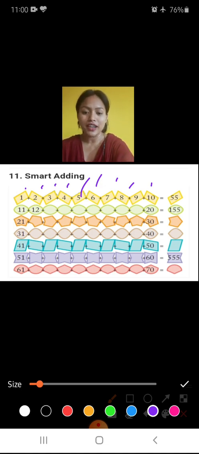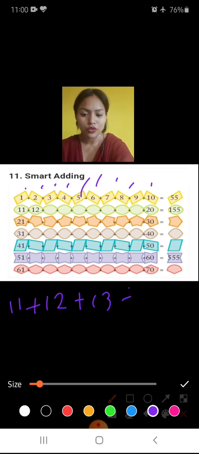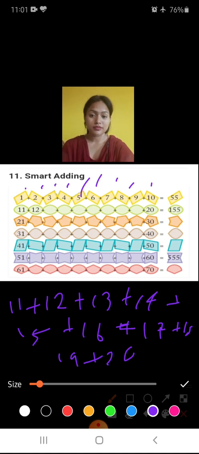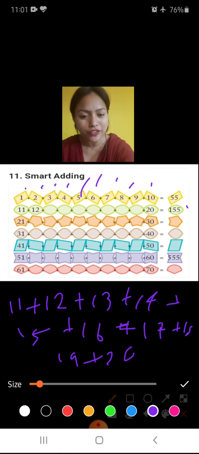Now if you add 11, 12, 13, 14, 15, 16, 17, 18, 19 and 20, what will be your answer? Your answer will be 155.